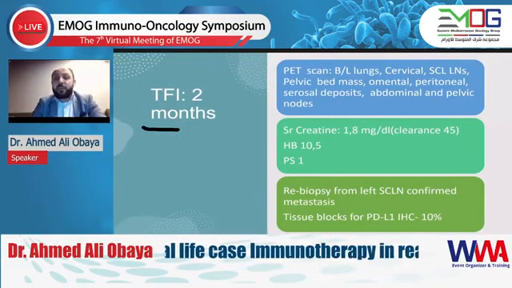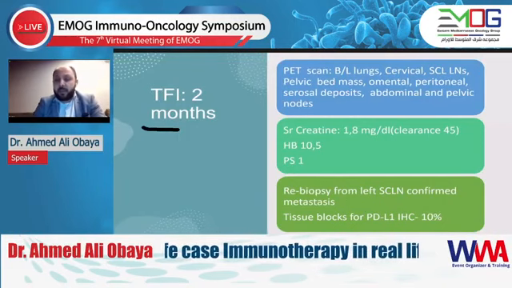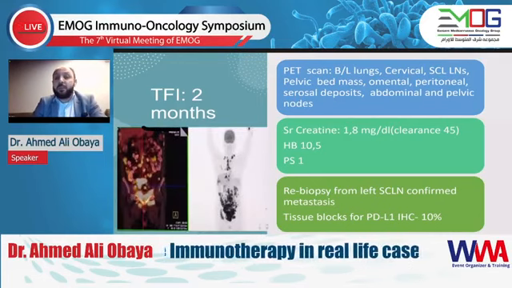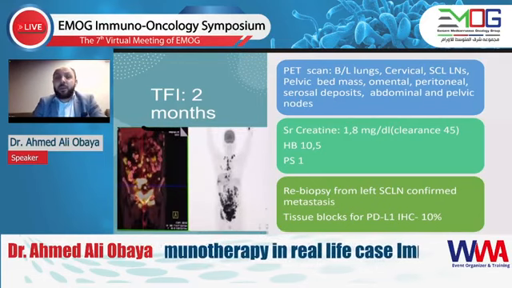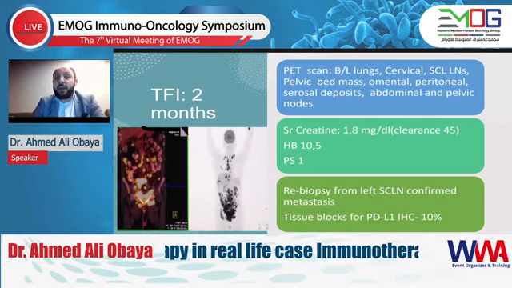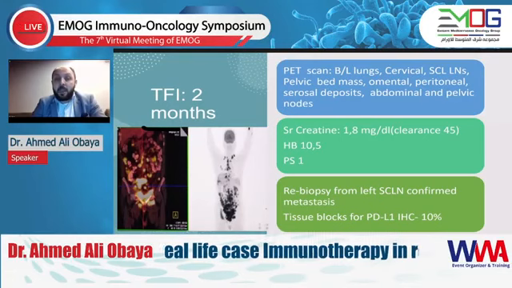PET scan for this patient showed bilateral pulmonary metastasis, cervical and supraclavicular lymph nodes, pelvic tumor bed mass, omental and peritoneal deposits, and abdominal lymph nodes.